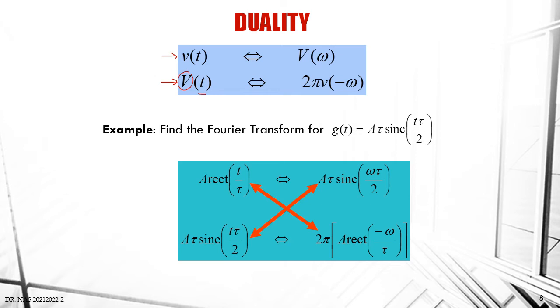So let's look at the example. Given g(t) equal to A tau sinc(t tau over 2). Obviously, you know that when you have a function v(t), a rectangular t over tau, this will produce the capital V(omega), which is A tau sinc(omega tau over 2).